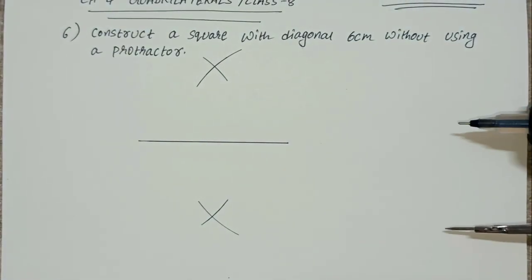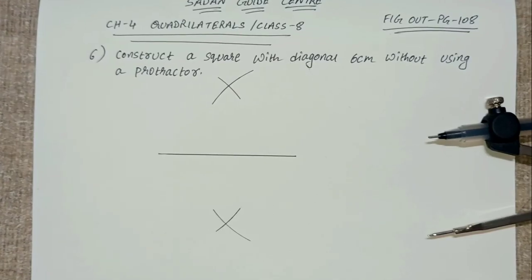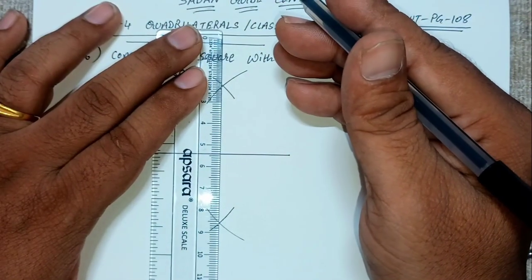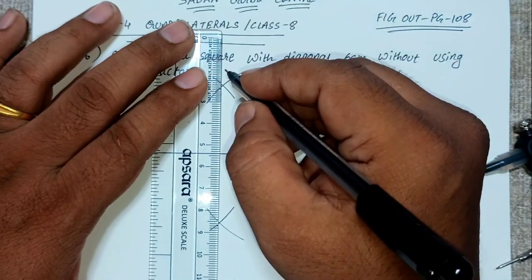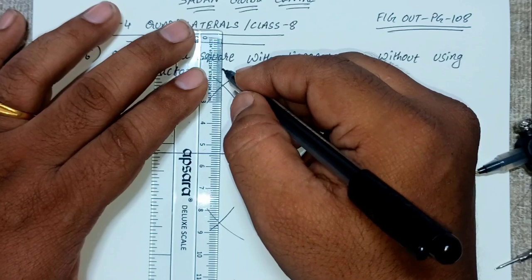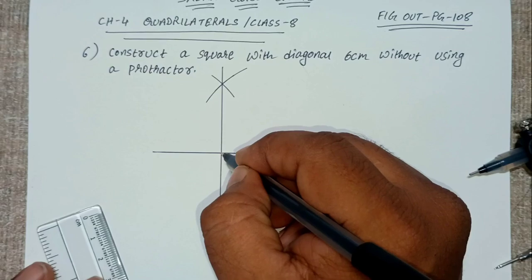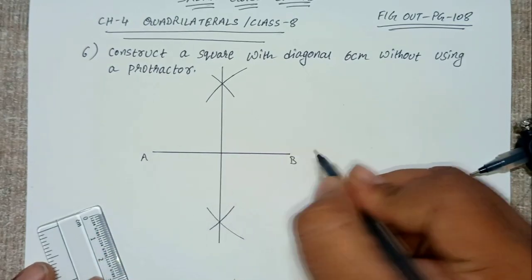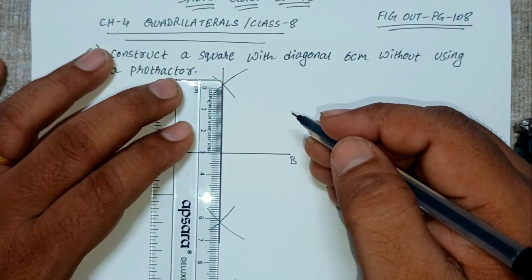Now join that midpoint, which is the perpendicular bisector, right? So here we'll write A and B.